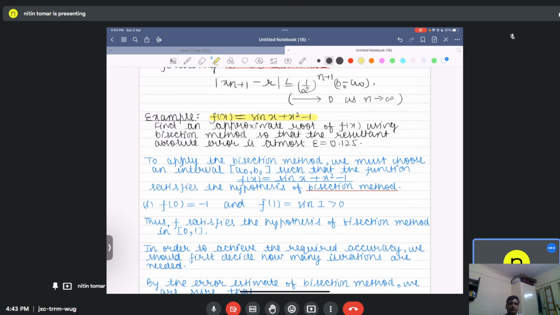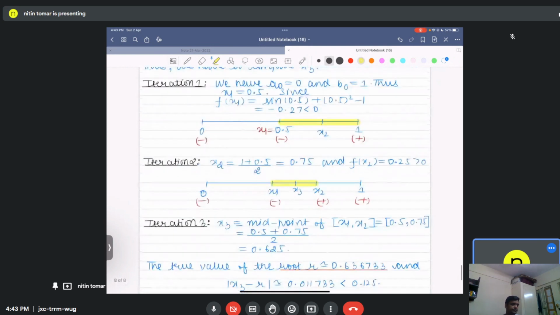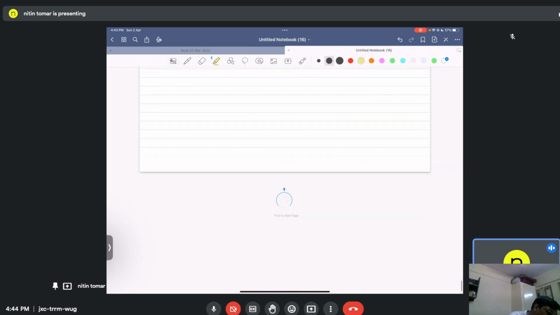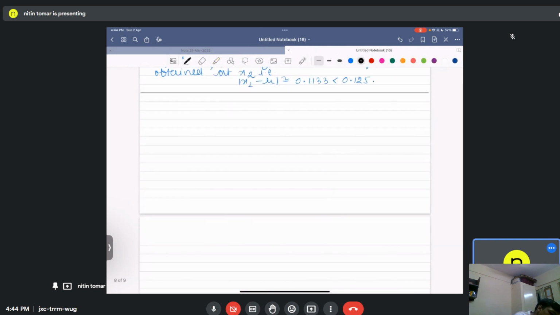Not only do we find an approximate root of f(x) using the so-called bisection method, we also find the approximate root with a certain error estimate condition, and that is that the resultant absolute error cannot exceed 0.125. So we end today's session with a few comments on the bisection method.